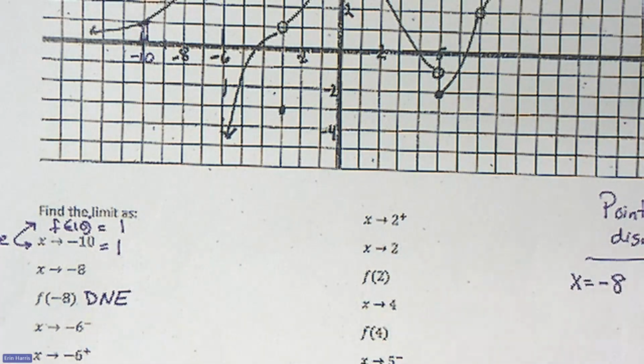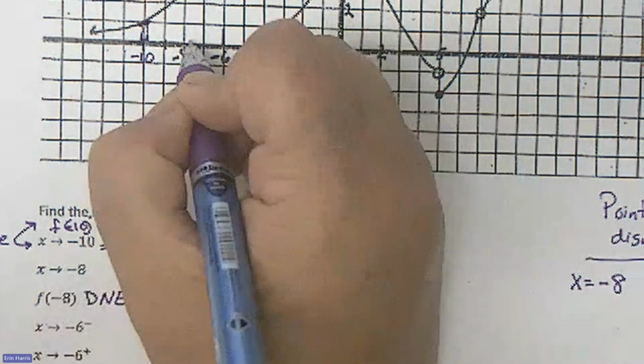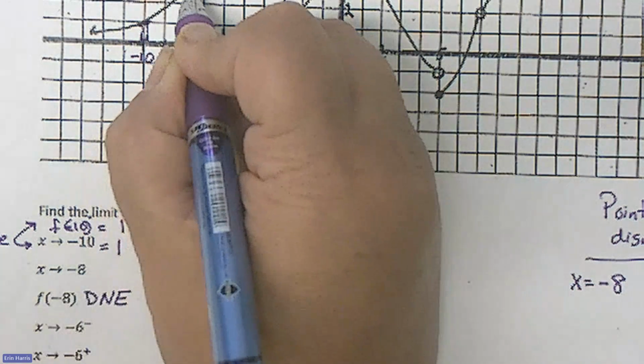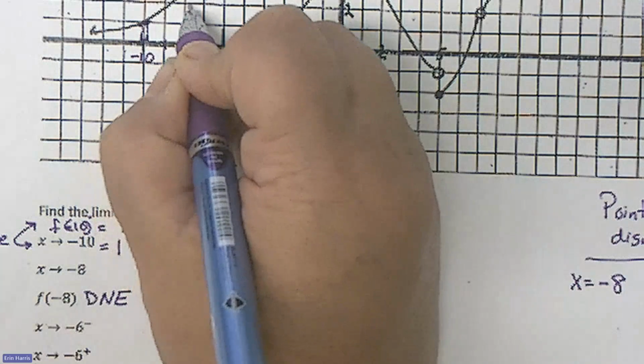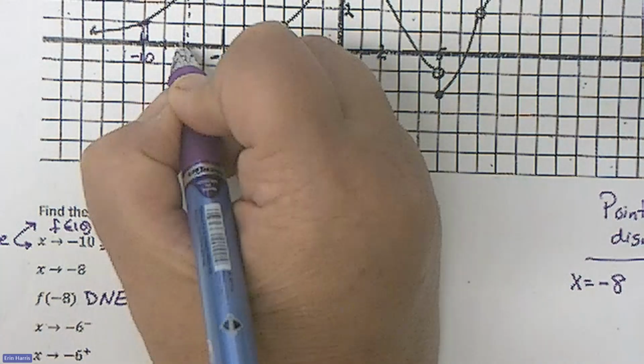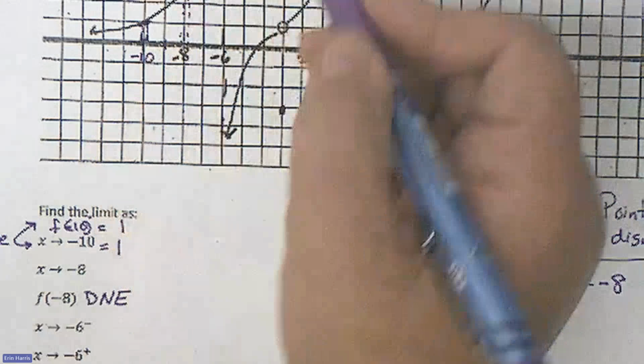So leave a little room next to this because we're going to write more about why it's discontinuous. I mean, discontinuous because there's a hole there, but we're going to write that in more based on the definition, okay? But remember, I'm going to approach -8. I'm not actually going to step on -8. I just get close to -8. What functional values am I close to?